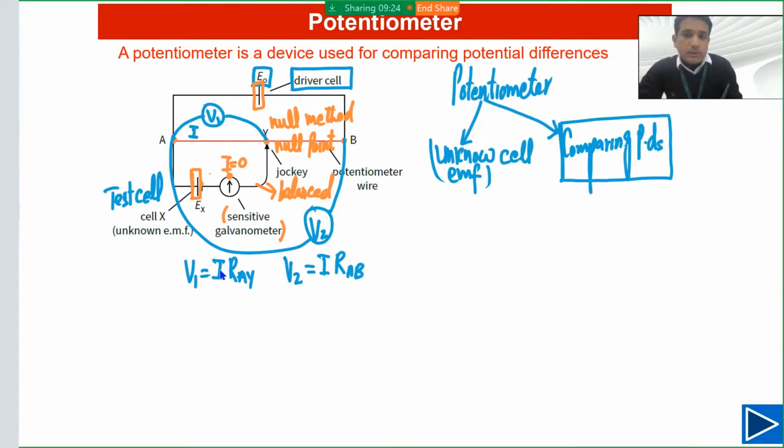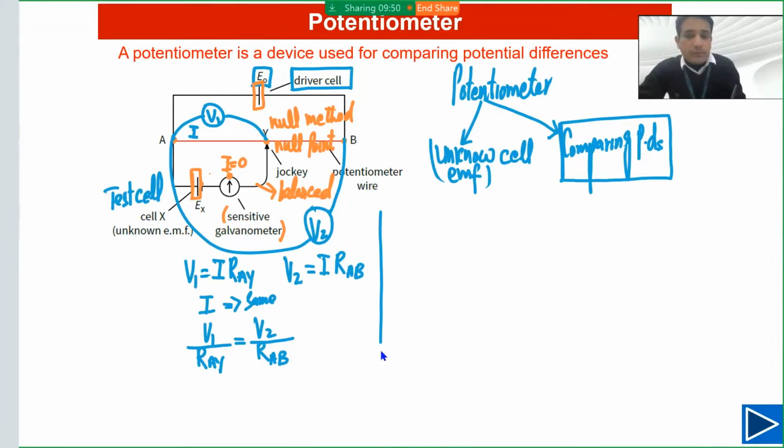Now in this case, we need to understand the current is the same, so I is the same. As I is the same, we can say V1 over R_AY has to be equal to V2 over R_AB.